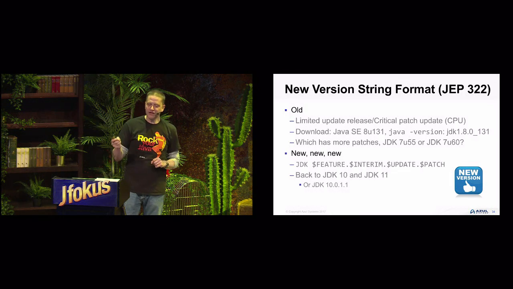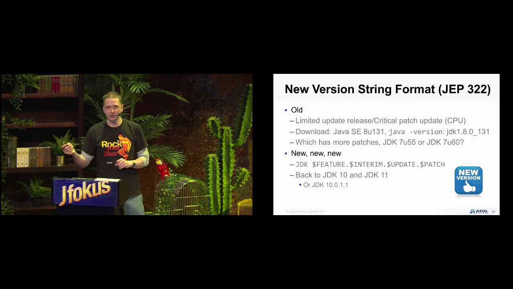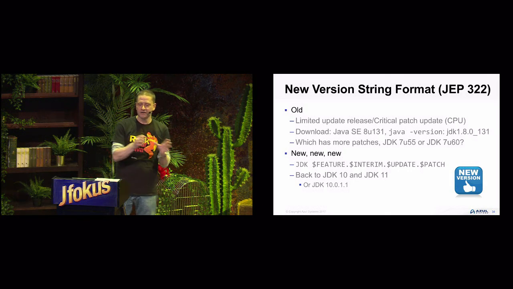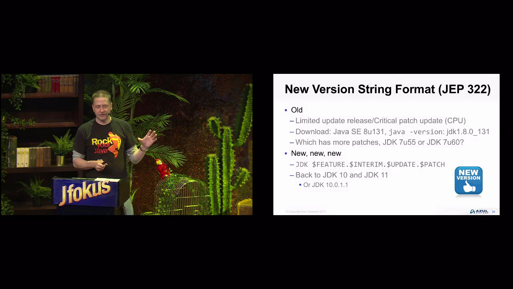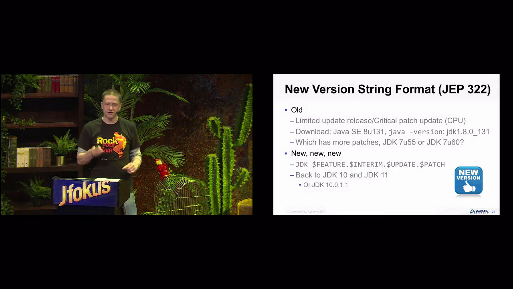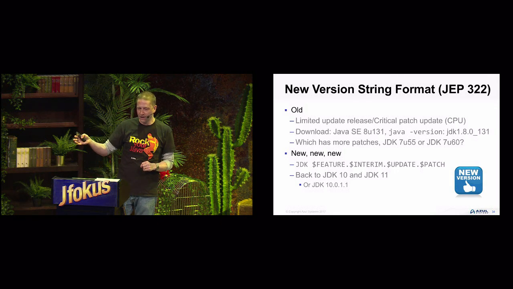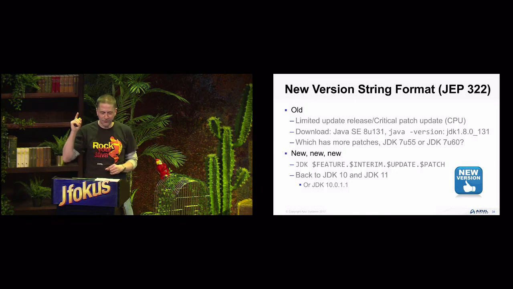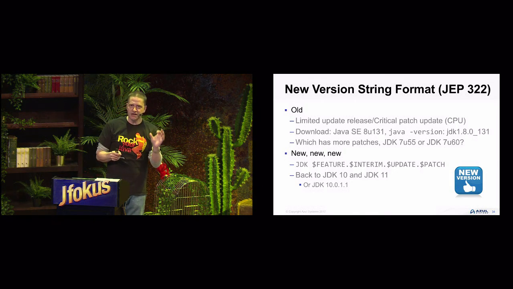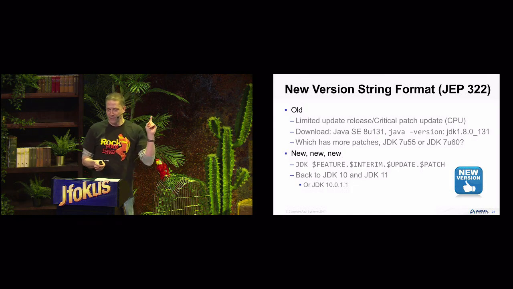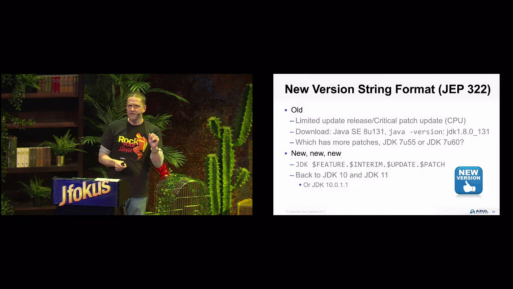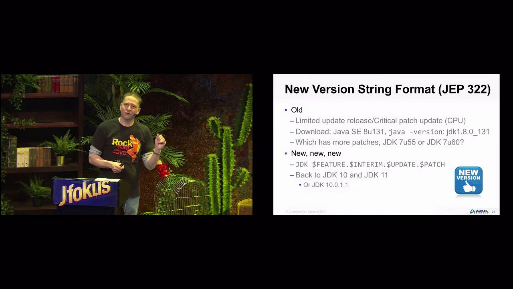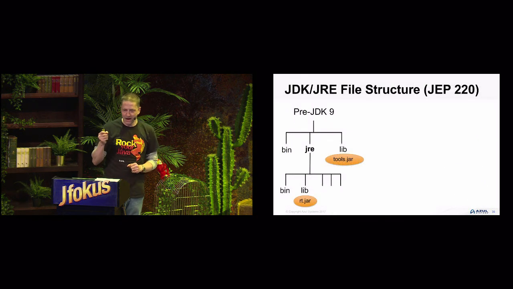Now we have feature, interim, update, patch. So we're going back to the idea of JDK 10, JDK 11, and so on. And essentially you'll possibly get things like JDK 10.0.1.1. My personal thing that I don't like about this is that the interim number, if you read the JEP, will always be 0. Well, great. If it's always 0, why is it there? Anyway, I move on.